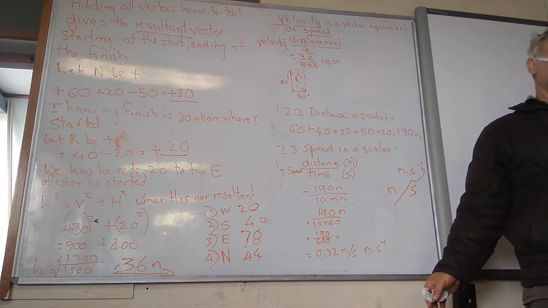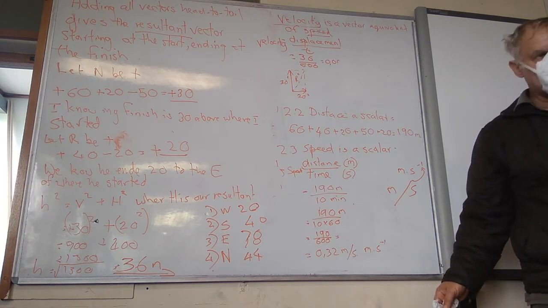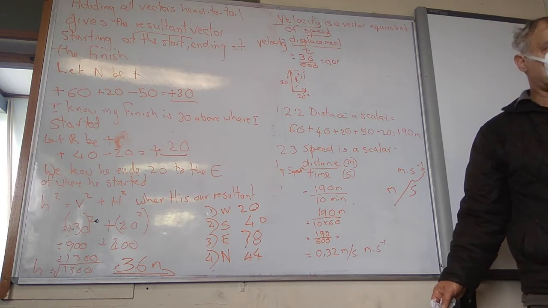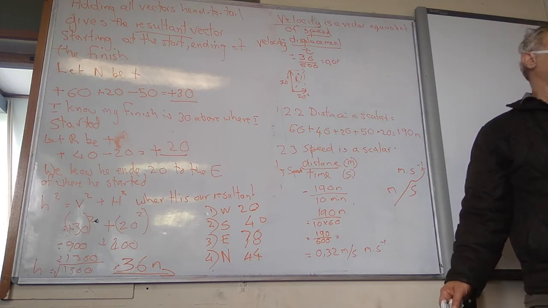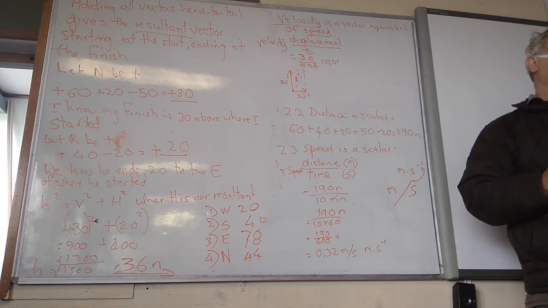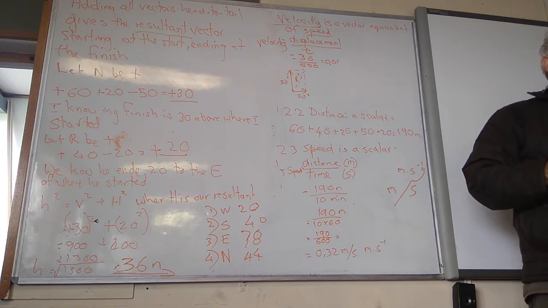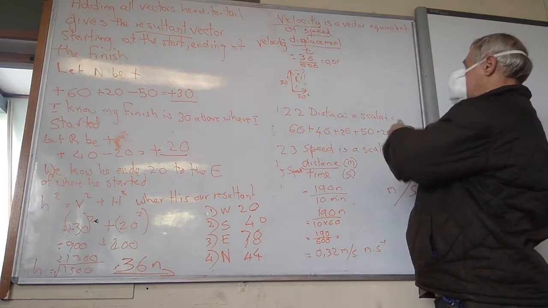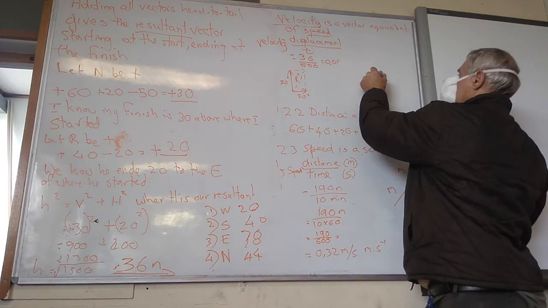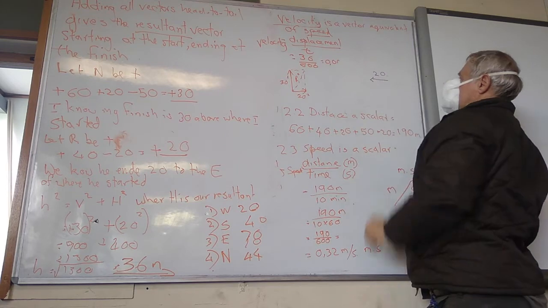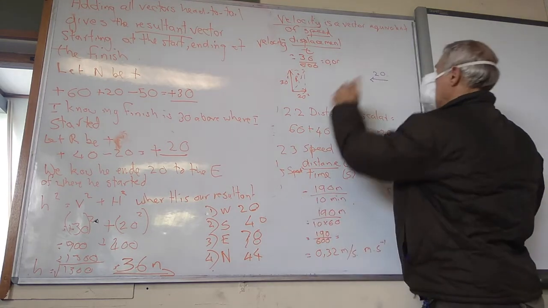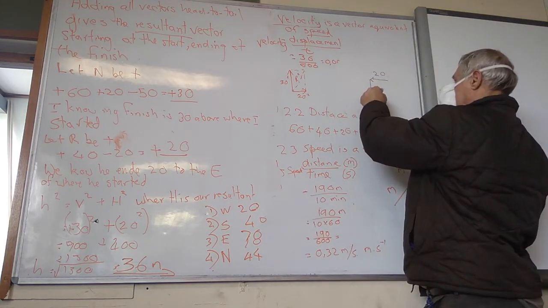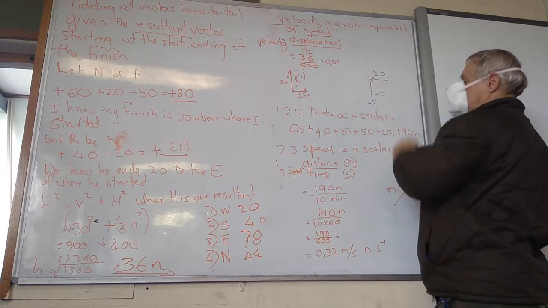So, let's just check your drawing. So, first of all, 20 west. Twice as far, or 40 south. Then, nearly twice the 40 east. Draw to scale.